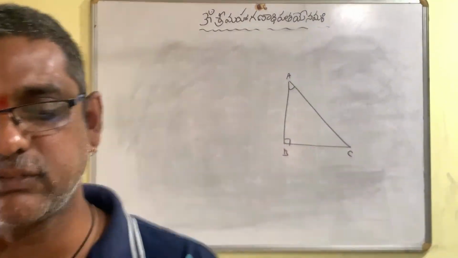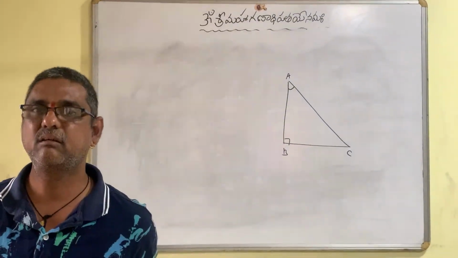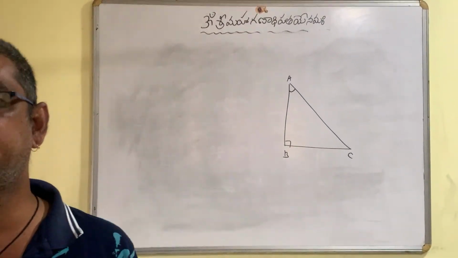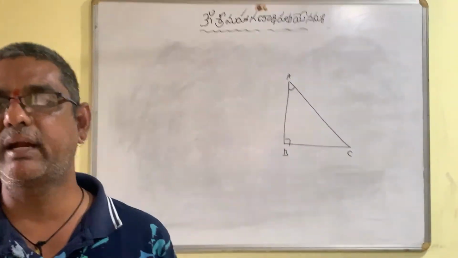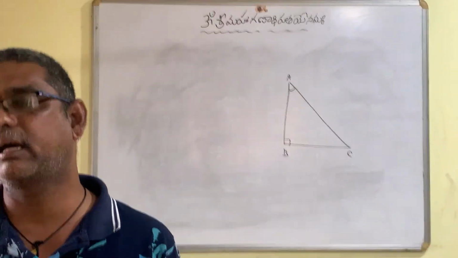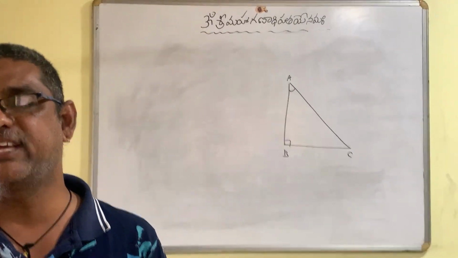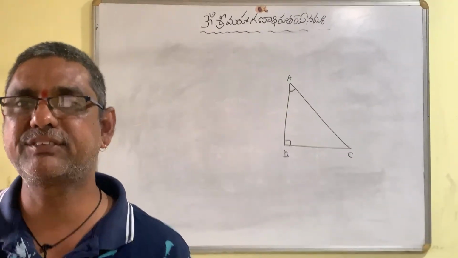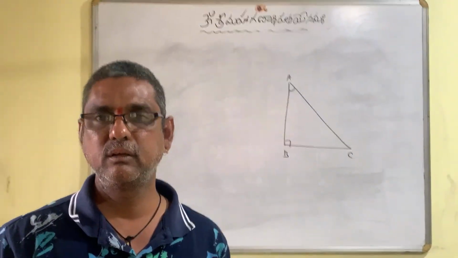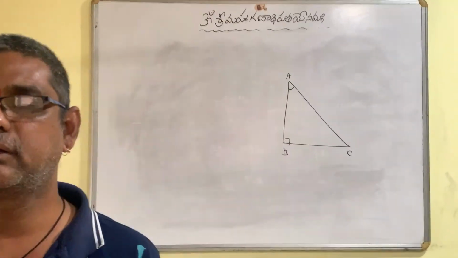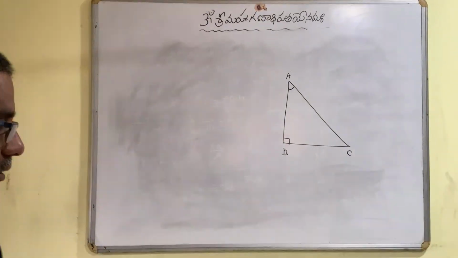As I told you in the class, we can find out the heights and distances of those which we are not able to find out manually. For example, big buildings, we can find out their heights. Trees, mountains, depth of sea, width of river, and all these. Where the human efforts fail, there the trigonometry helps us a lot.